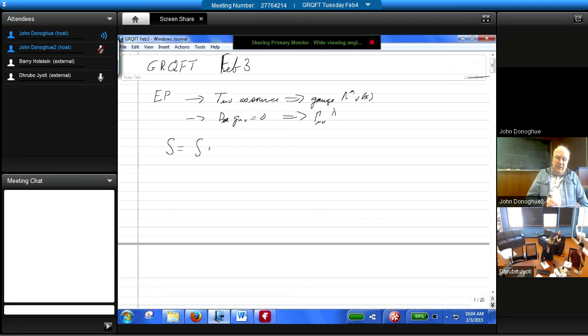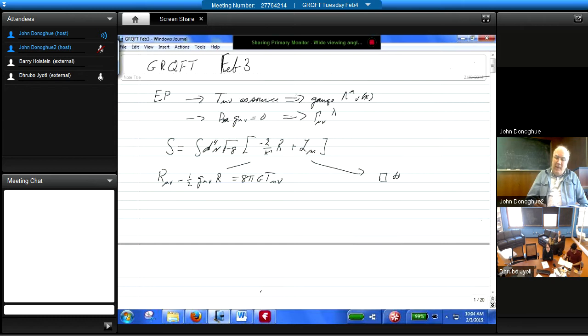We then have written out an action integral d^4x square root of minus g, minus 2 over kappa squared times the curvature plus L matter. And we get out of that, right at the end, last time we got Einstein's equation: R mu nu minus a half g mu nu R is 8 pi G T mu nu.